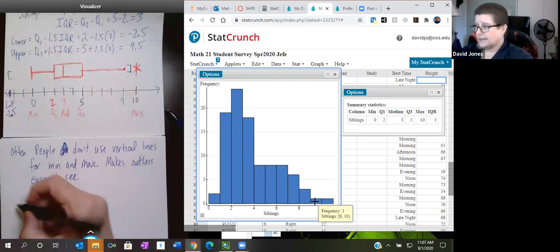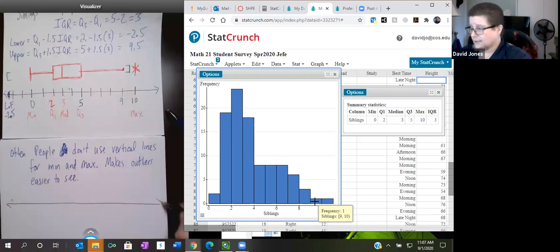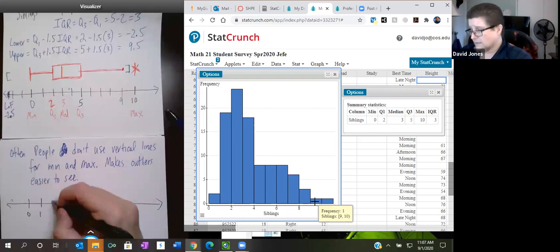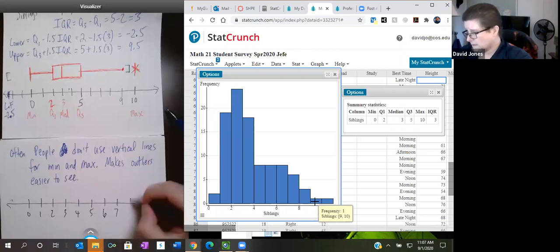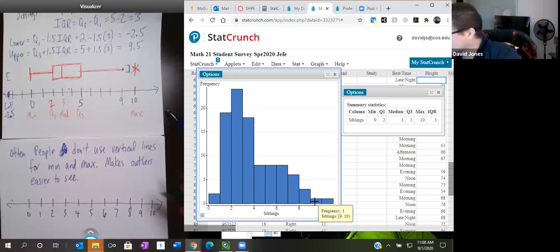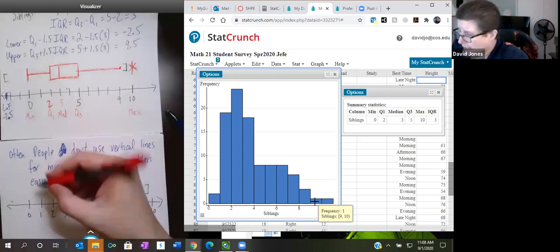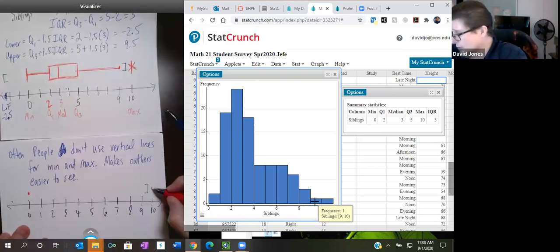So if I redid that on the number line that we had, I had a fence at 9.5. I had the min was 0, the max was 10. I'll put points there.